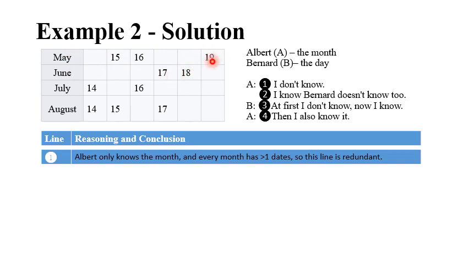But without knowing Bernard's number, the day, Albert already says he's very sure Bernard doesn't know the date.